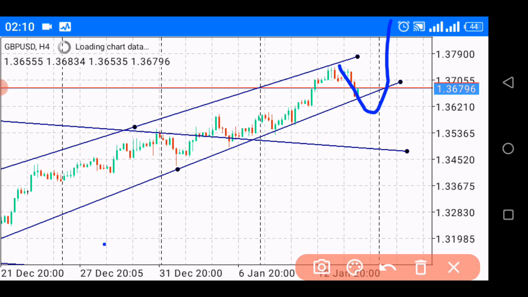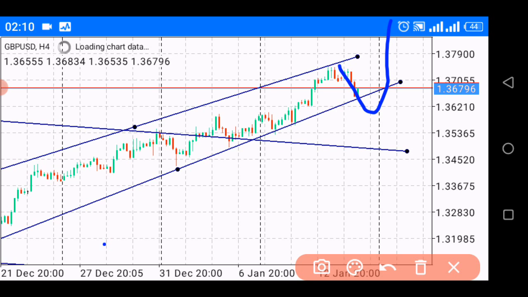Because in any breakout strategy, there's something you must bear in mind. In any consolidation or any structural breakout, there must be momentum. If there's no momentum, there must be a little consolidation.